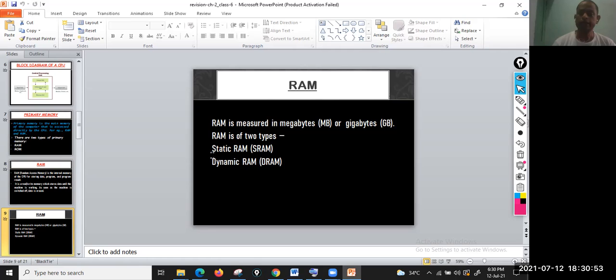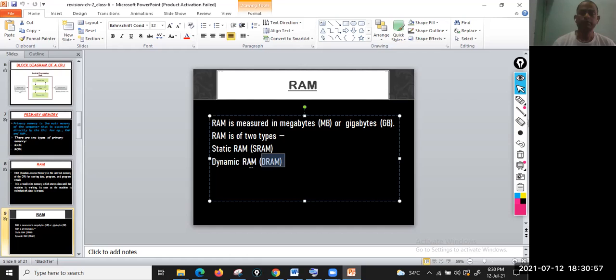And RAM is of two types, that is static RAM, SRAM, or dynamic RAM, DRAM. Nowadays, 1 GB, 2 GB, 4 GB, 8 GB, 16 GB RAM is available. Earlier it was 512 MB, 256 MB of RAM. But nowadays you can get powerful RAM in 1 GB, 2 GB, 4 GB.